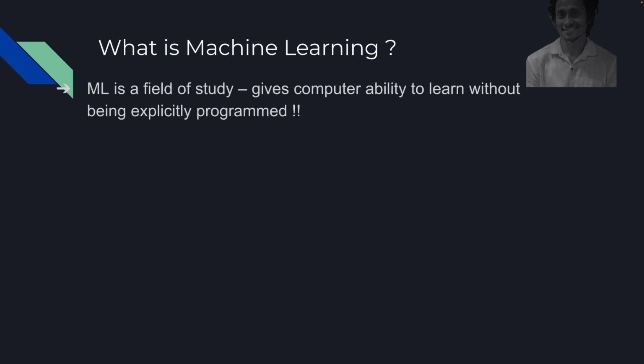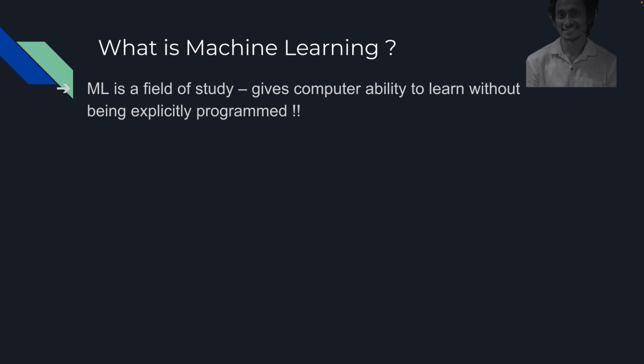All right, now we have understood what machine learning is, which is the field of study which gives the computer the ability to learn without being explicitly programmed. That is, we are not explicitly programming the logic because we do not know it ourselves.